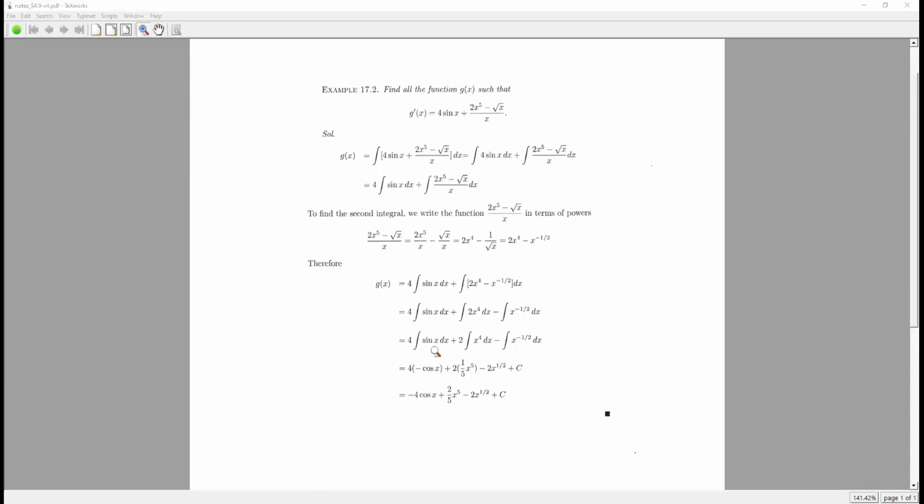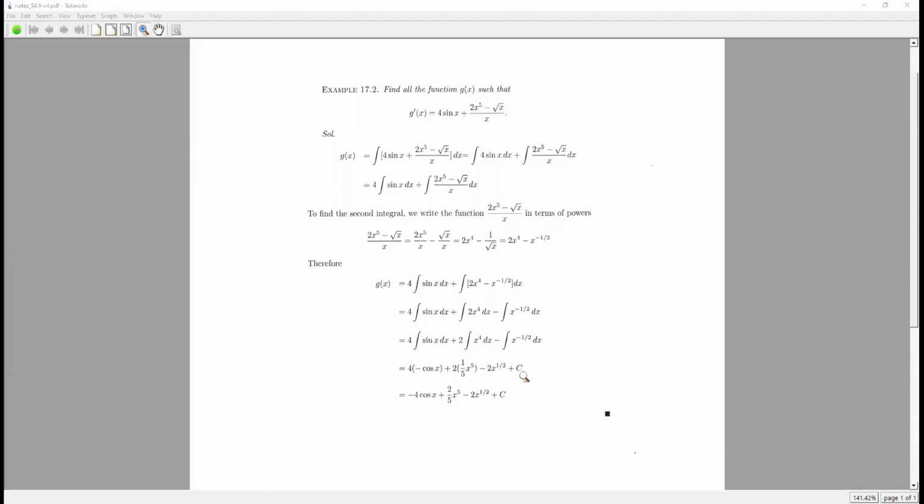Sine's antiderivative is negative cosine. The antiderivative of x to the 4th is 1 over 5 times x to the 5th. The antiderivative of x to negative 1/2 is 2 times x to 1/2. Don't forget to add an arbitrary constant c.